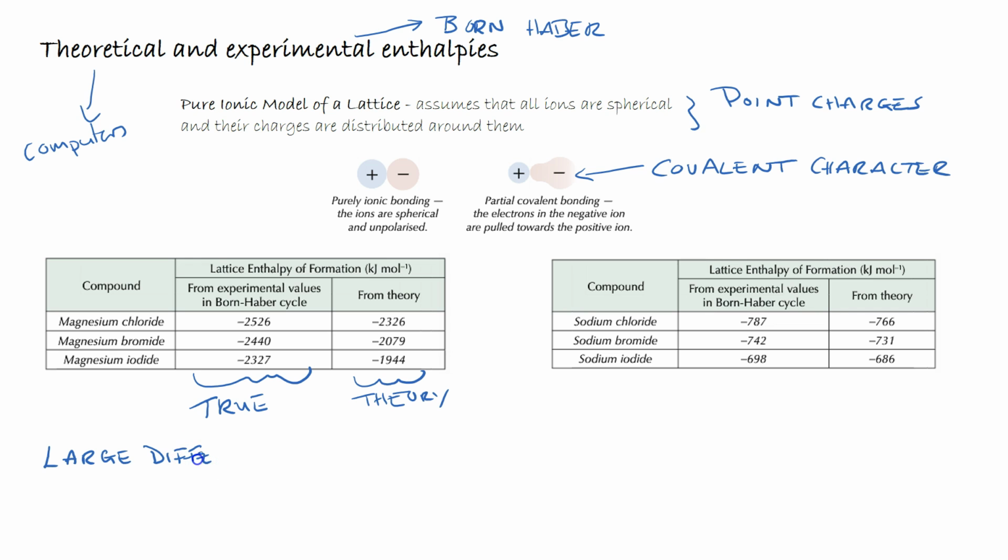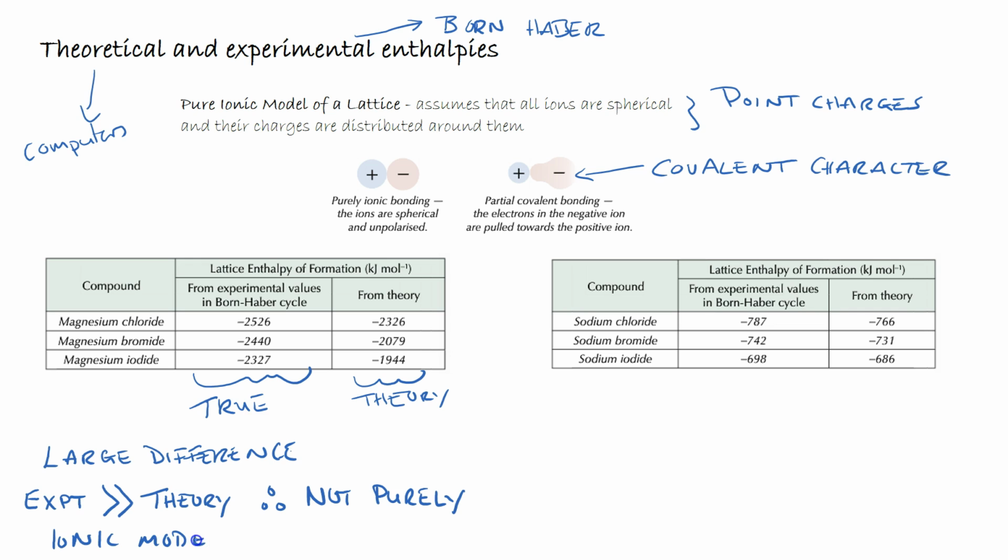And importantly, if we look at the actual experimental values, the experiment is quite a lot bigger than the theory, and therefore we can assume that it is not a purely ionic model, and that there is some covalent character to the bonding, and that is identifiable because the bond is actually stronger than if we assume a purely ionic system.